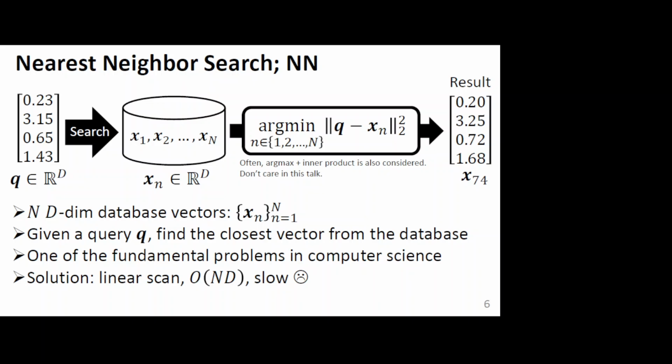It means we calculate the inner product between Q and the vector in the database, and here we return the max. Because the inner product acts like a similarity, we return the high score. It means the similarity is high, so we return it to the user.